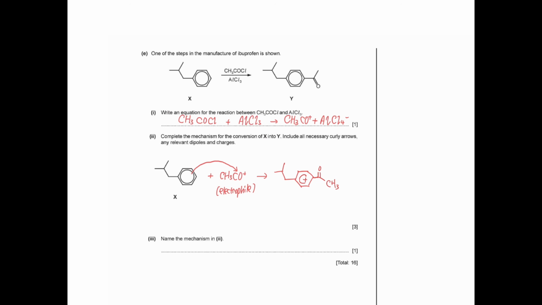The hydrogen is still there, and after that this hydrogen will be removed, and when it is removed, the bonding electrons go back to the ring to re-establish the 6 pi electrons. Let me draw it down here.